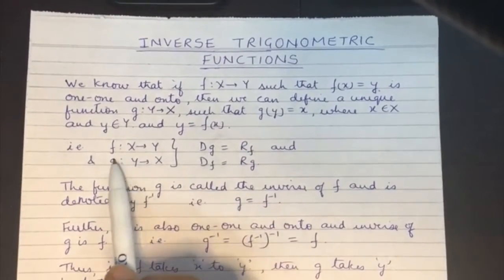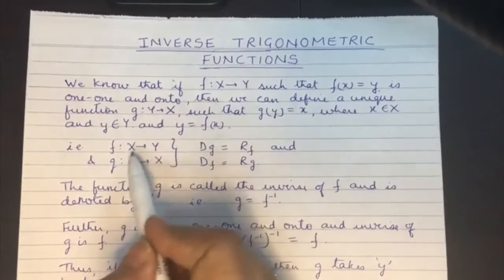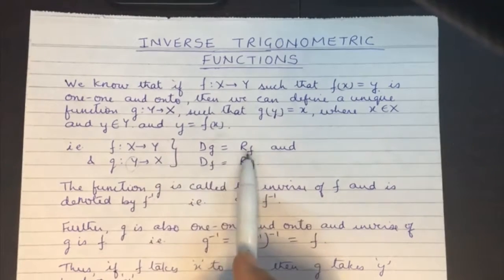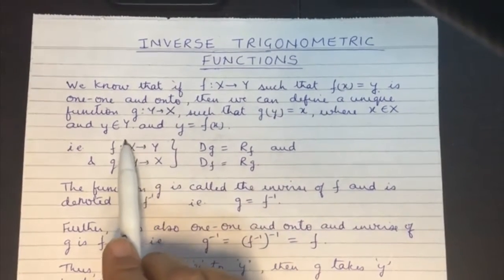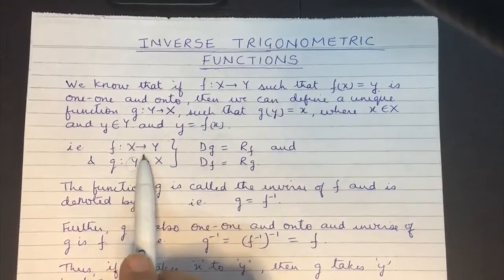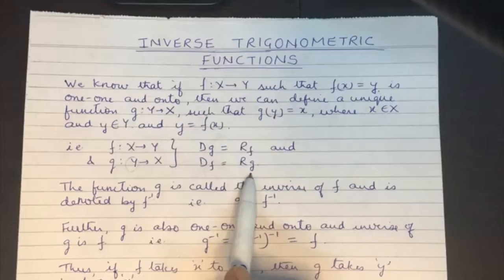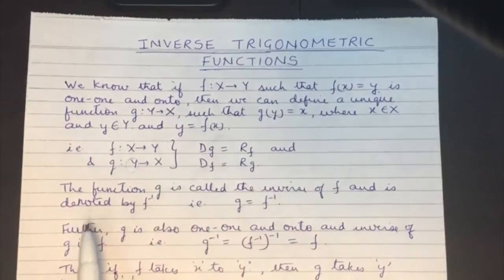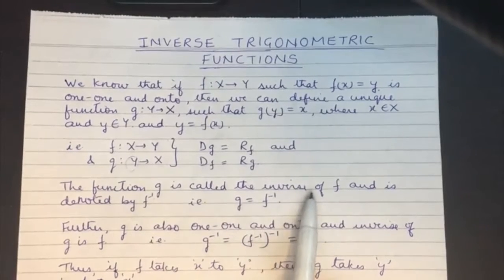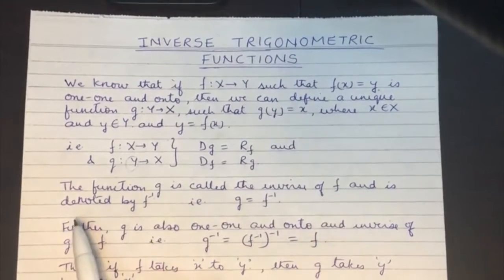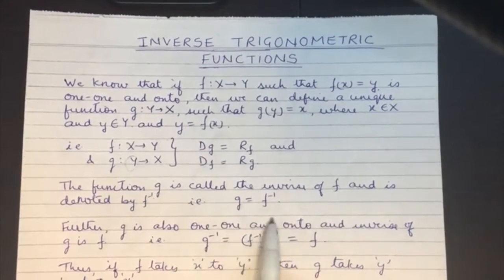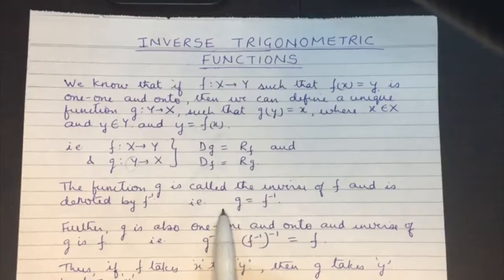The domain of g, which is Y, happens to be the range of f, whereas the domain of f, which is X, is the same as the range of g, which is X. The function g in such a case is called the inverse of f and is denoted by f inverse. That is, g is equal to f inverse.